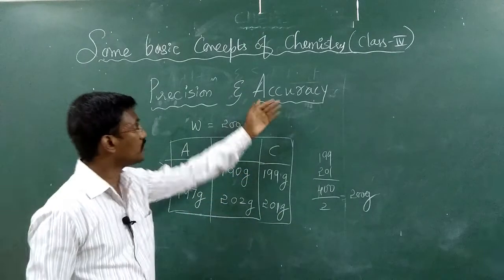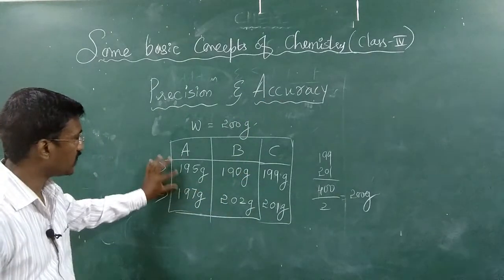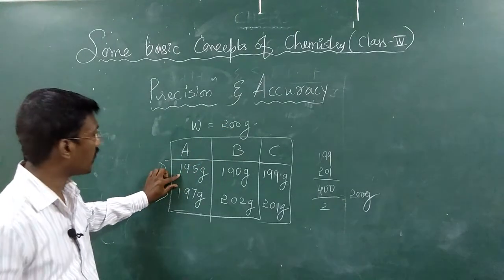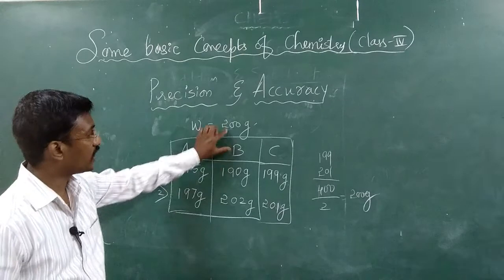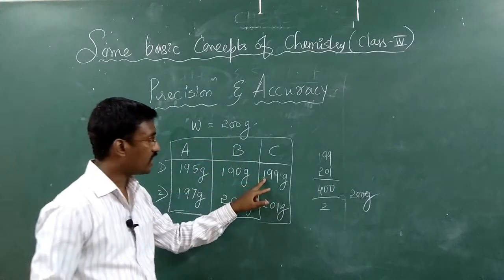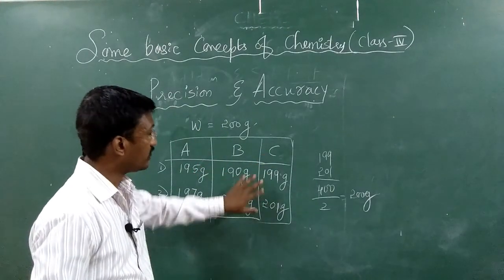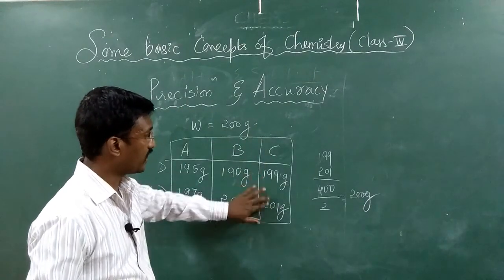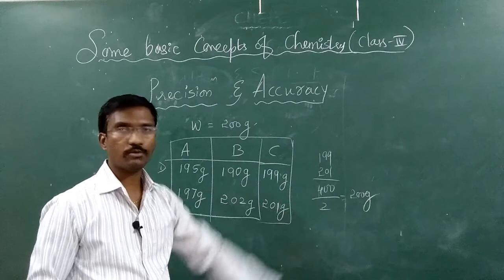And coming to accuracy, they are not accurate. By taking the mean, we are not getting the given value. Therefore, these are not accurate. These are also not accurate. Whereas the values person C calculated are precise and also accurate. By taking the mean, we get the same 200 gram.